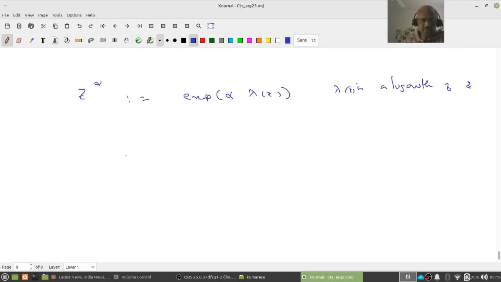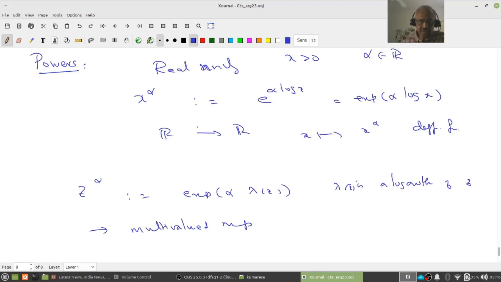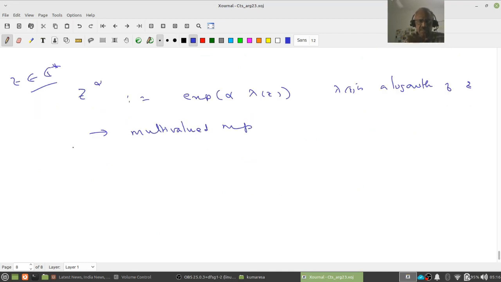Therefore, this is again a multivalued map. Because lambda itself, for a given non-zero z, I know there exactly is one logarithm, but which logarithm I am going to take is not very clear. Do you follow that? This is our definition of z power alpha.